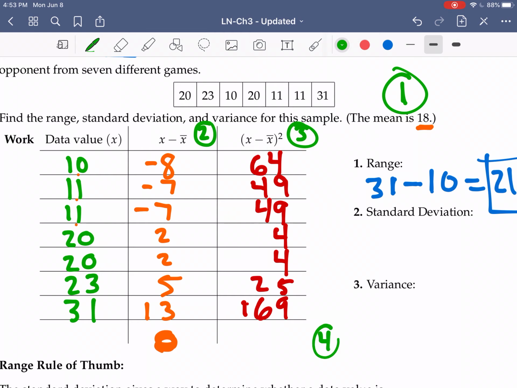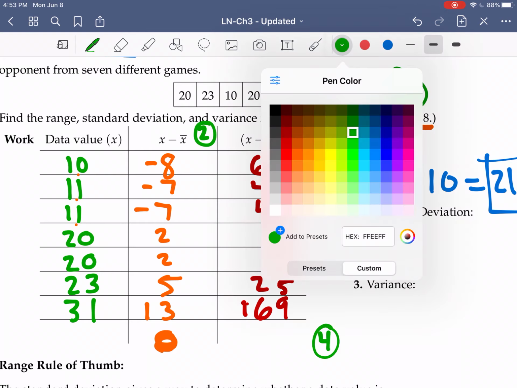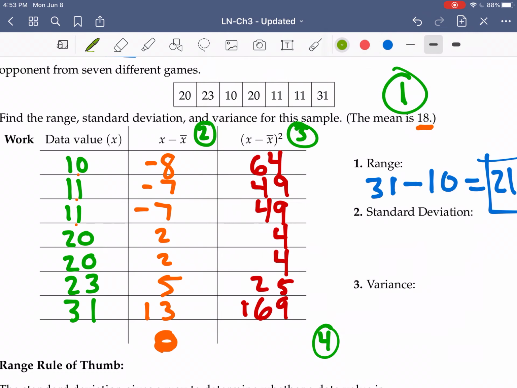Next, we are going to go through step 4, which is we want to add up each of those squares. So when we add all of this up, we get 364.